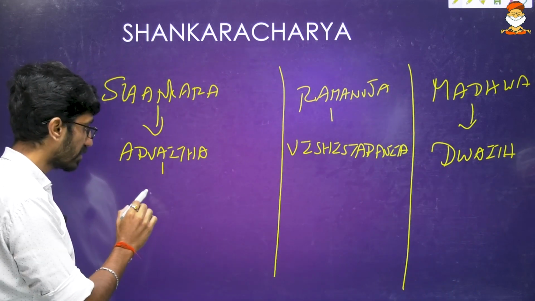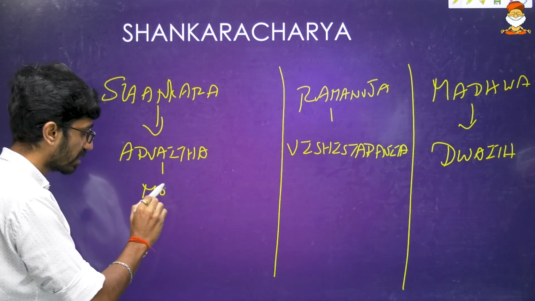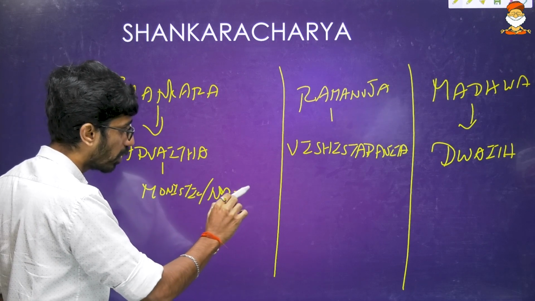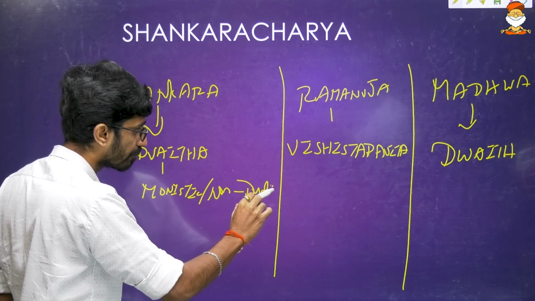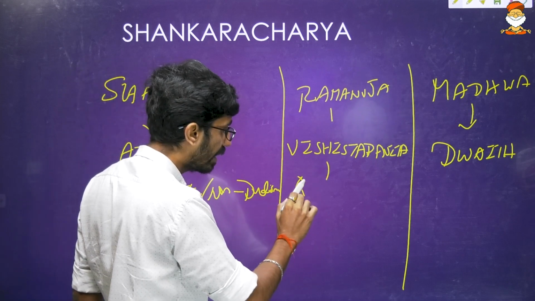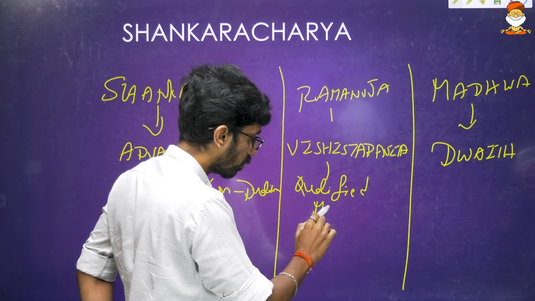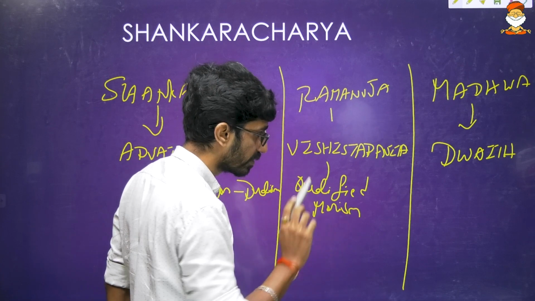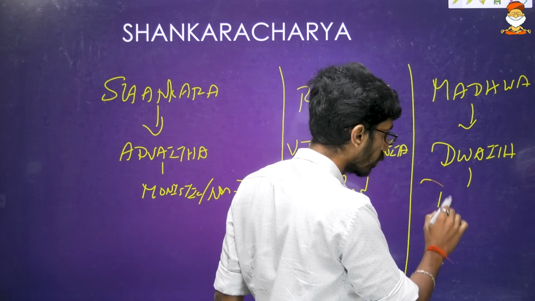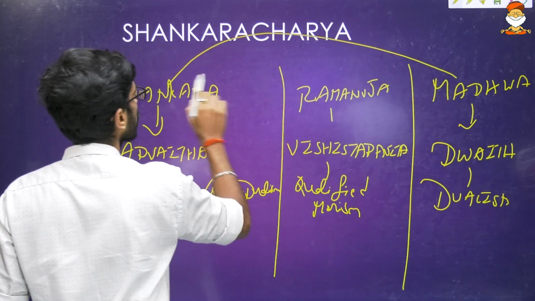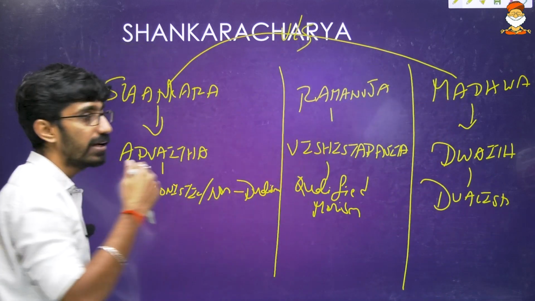Advaita means monistic, single or non-dualism, both are the same. Visishta Advaita is qualified monism. Dvaita is called dualism. So there is a direct challenge to Shankaracharya by Madhvacharya.